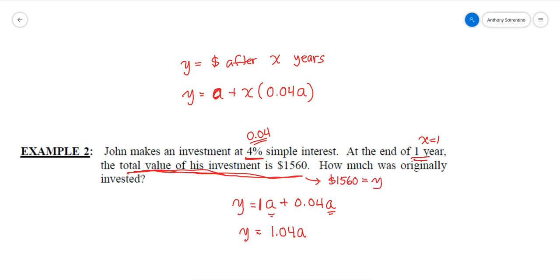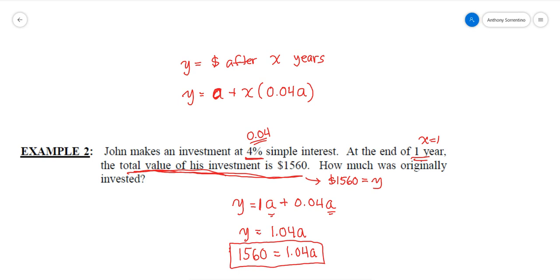So I know that 1560, after a momentary mix up there, equals 1.04a. So that's the equation I needed to get to answer the question.